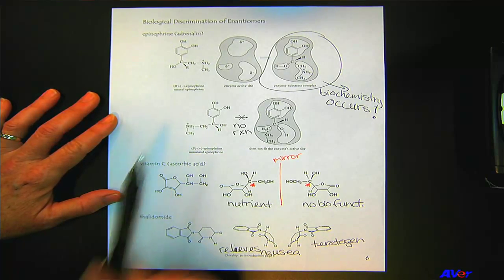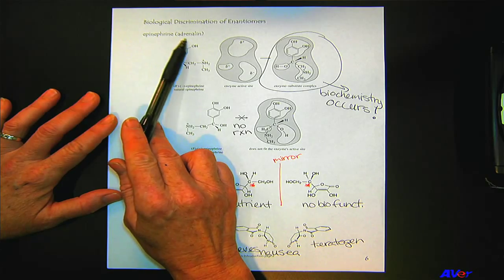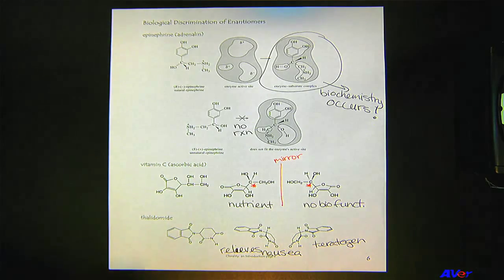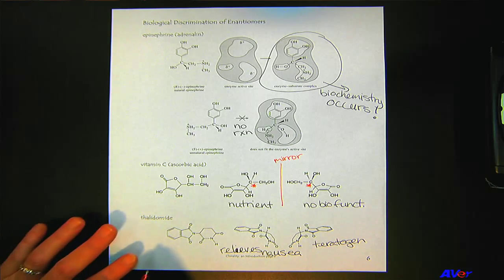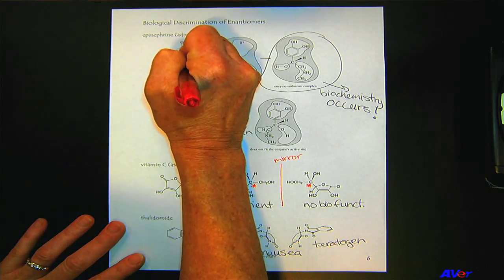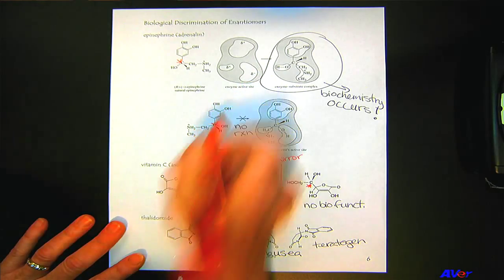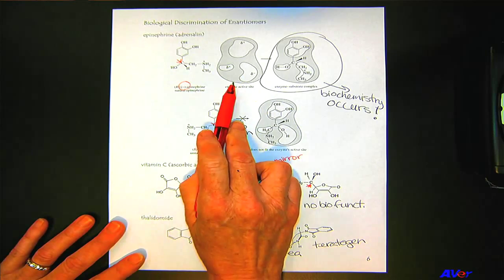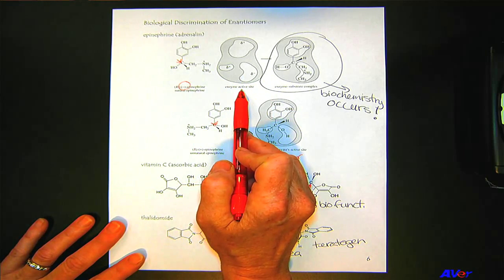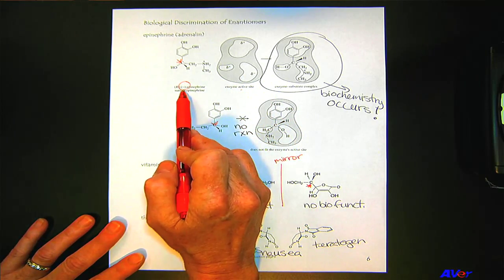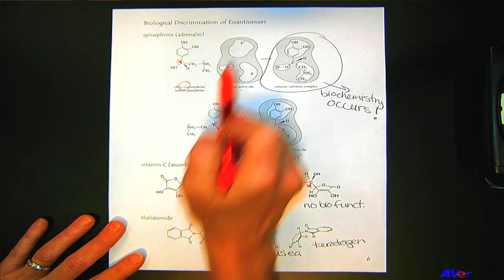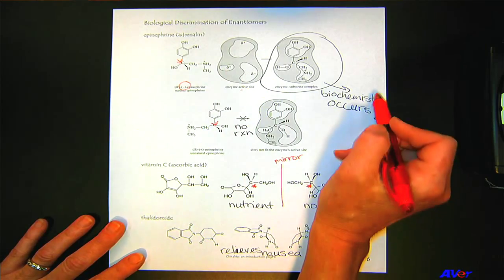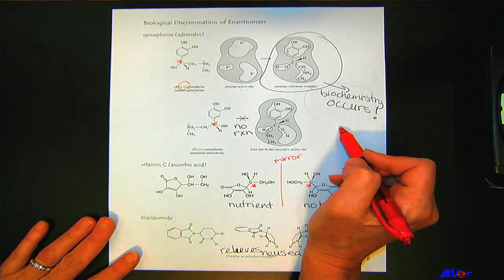And so let's keep going on that, because the main point of chirality is that biologically, enantiomers react very differently. Like, let's look at epinephrine, also known as adrenaline. If we look at it closely, your eyes can probably spot the chiral carbon pretty quickly. It's right here. Within our body, we want the minus version. So here's an enzyme active site. When we have the minus version of epinephrine, it fits perfectly into the active site, and we get biochemistry.